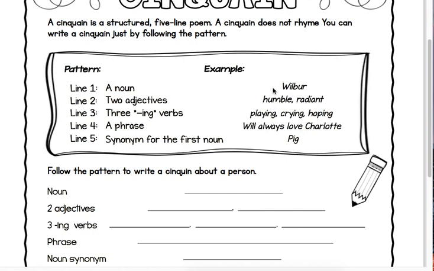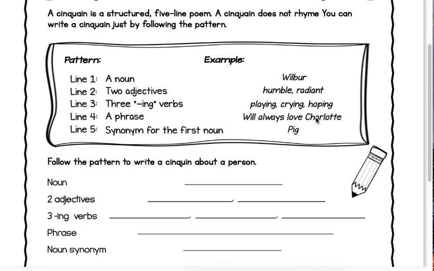The first line, noun, Wilbur. 2 adjectives that describe Wilbur. One is humble, one is radiant. And those are actually the words that Charlotte used in her web to describe Wilbur. 3 ing verbs. We have playing, crying, hoping. A phrase.